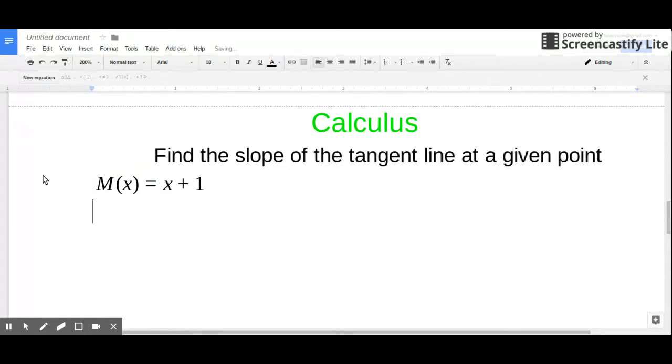And what we're going to want to do is find M prime of x. Just like in the previous section, we're going to be finding the derivative, using the definition of the derivative, the limit.